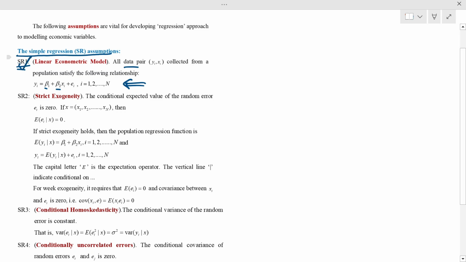Second assumption is called exogeneity, or strict exogeneity. We need the expectation of the error term conditional on xi, if the data are independent and identically distributed, to be equal to 0. This conditional expectation of the error term, which is a random variable, is equal to 0. This is called strict exogeneity of x.